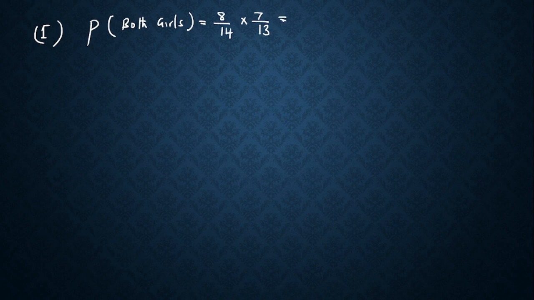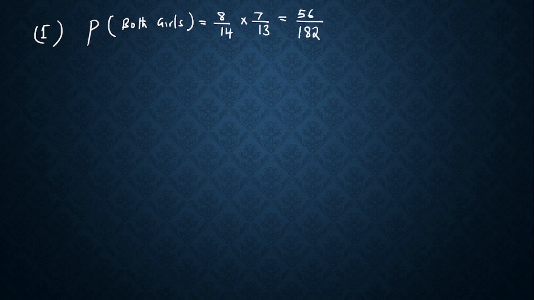So this is it. The probability of both being girls. Okay, both girls. We've got 8/14 multiplied by 7/13. So if you multiply 8 by 7, you are going to get 56, over 14 multiplied by 13, you are going to get 182.